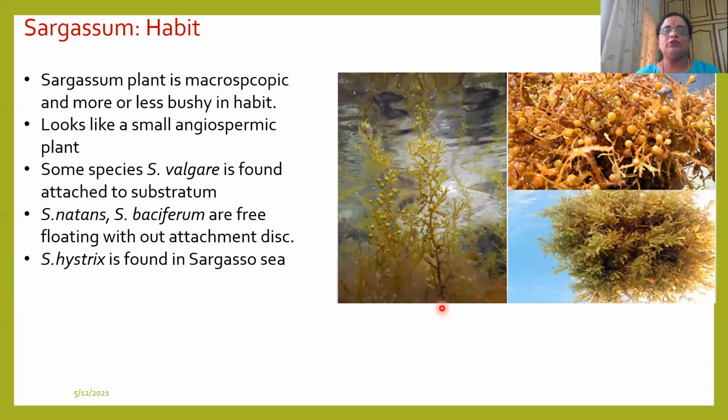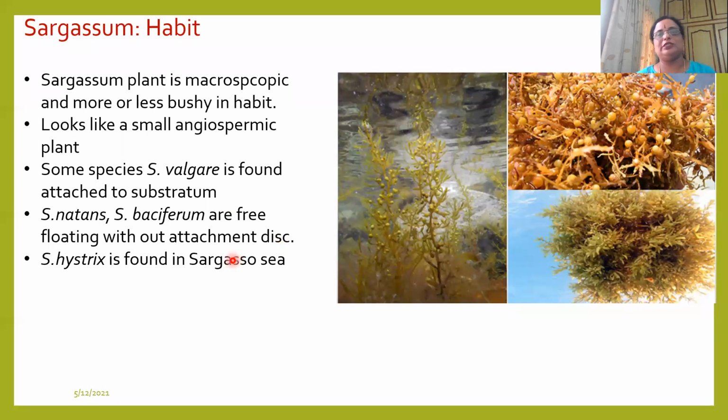They have a structure called the attachment disc, which helps in the attachment of this algae onto the substratum. Most of them are usually free-floating, and some species, for example Sargassum vulgare, are found attached to the substratum.